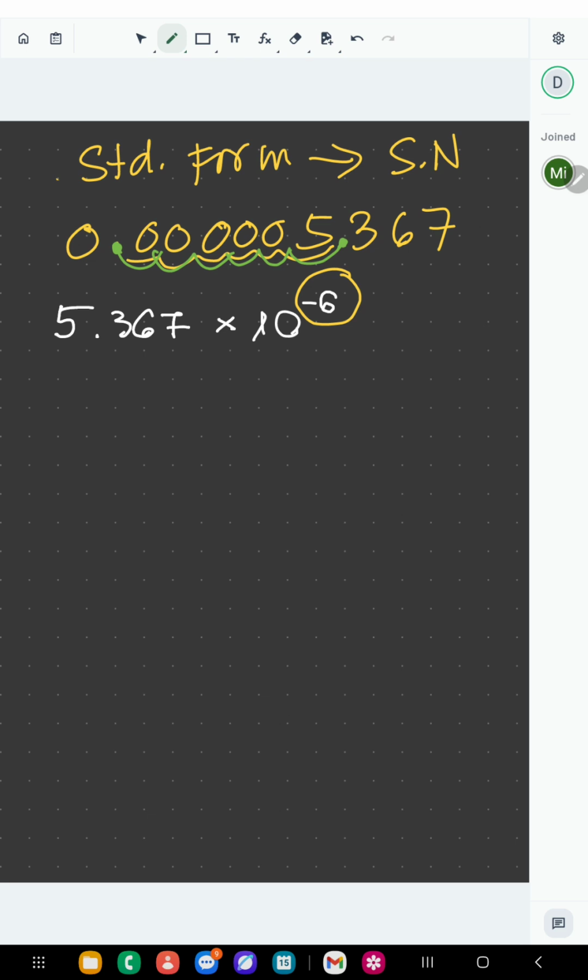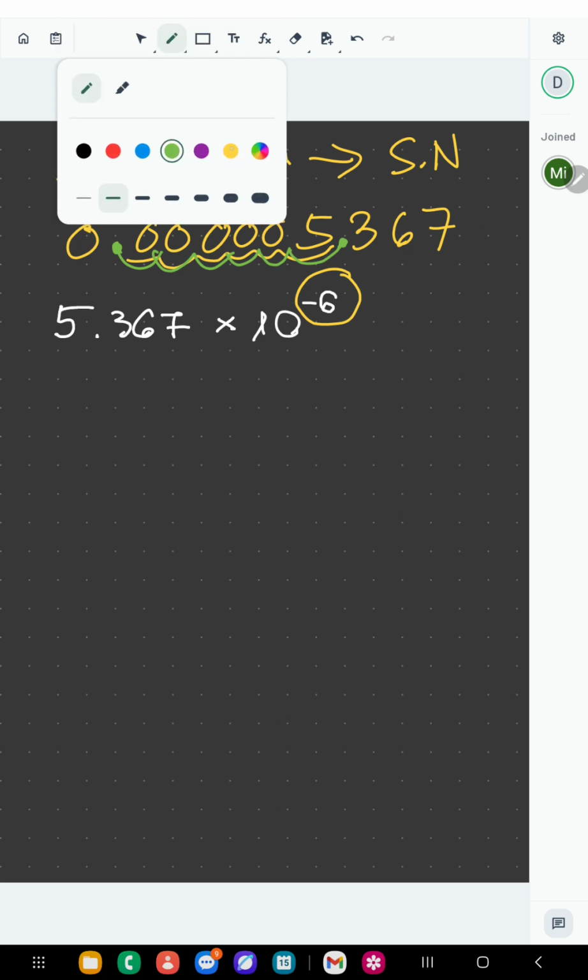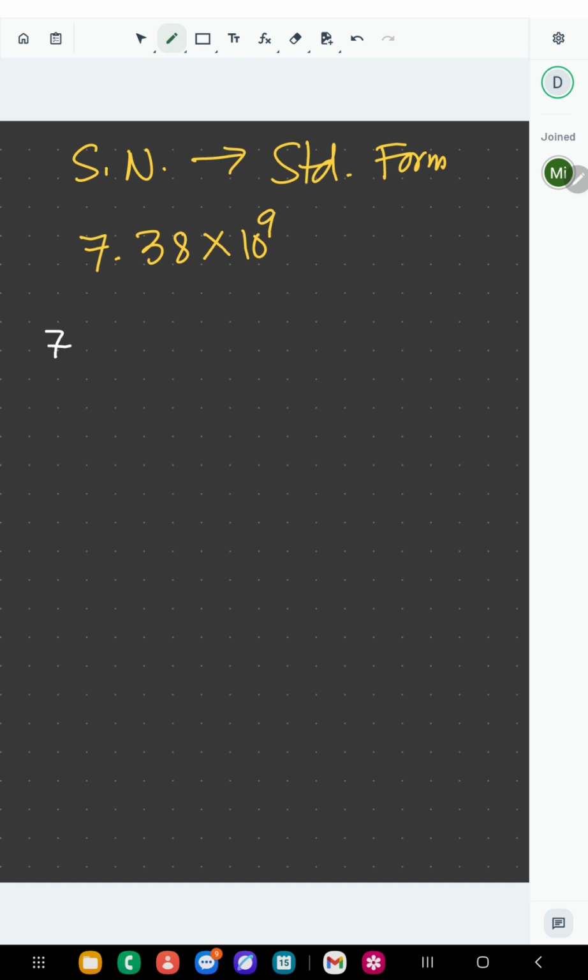Now let's discuss how to write scientific notation in standard form. What if you're given 7.38 times 10 to the 9th? Note that the exponent is positive, so where should you move the decimal point?